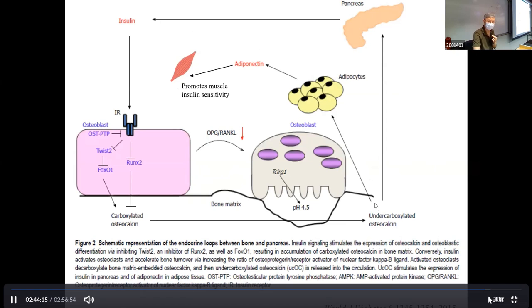The edible tissues are the location where it produces another hormone called adiponectin. This adiponectin plays a role in changing the sensitivity of the muscle to insulin, so it will promote the muscle response to insulin effect. So the effect of uncarboxylated osteocalcin is positive in terms of glucose homeostasis.